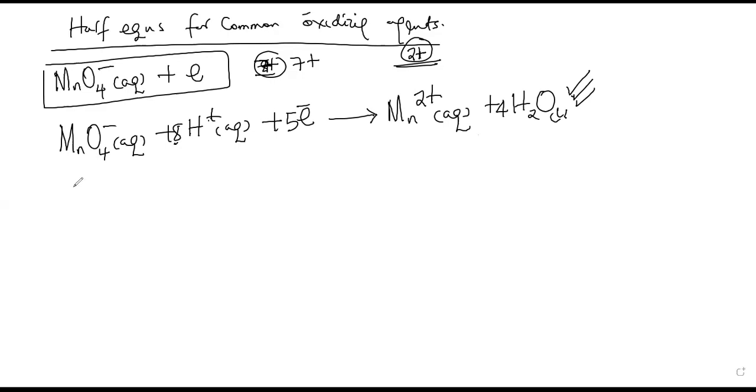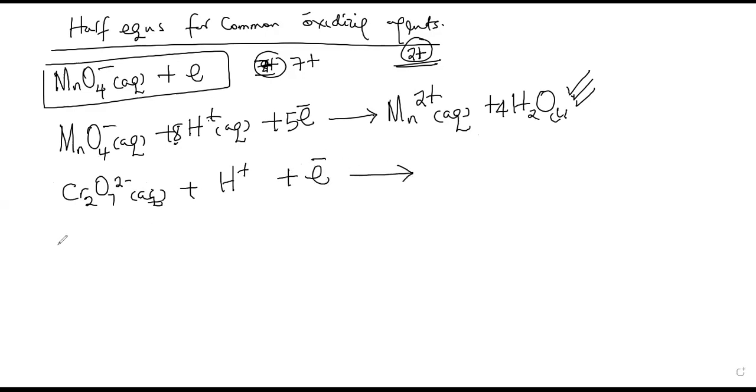Let's write for acidified dichromate. Acidified dichromate 6. So it is Cr2O7 2 minus, since it is also acidified, and it gains those electrons, it removes from others.